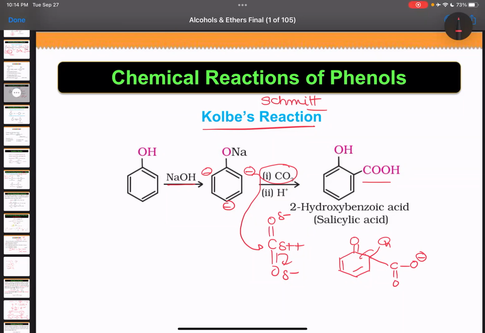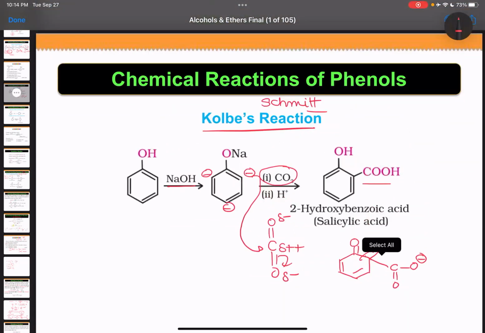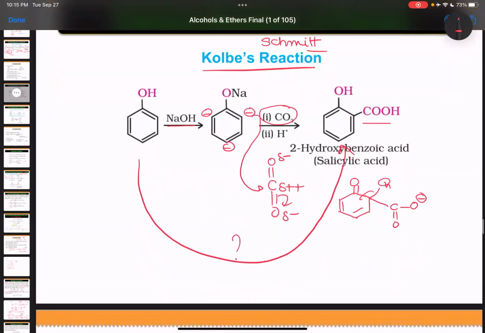And what about this one? What about another method which is used to prepare salicylic acid? Can you repeat, sir? What is the other set of reagents?